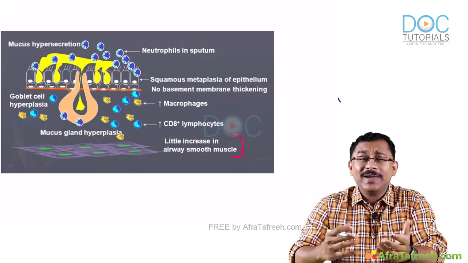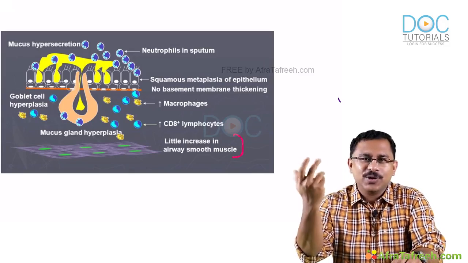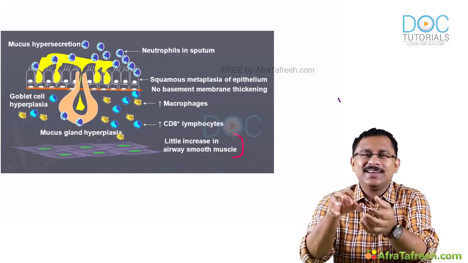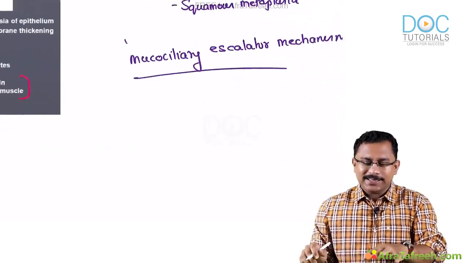So what is the major change that you are seeing in chronic bronchitis with respect to emphysema? You are seeing that there is mucus accumulation in the airways which are inflamed. So what are you going to see?